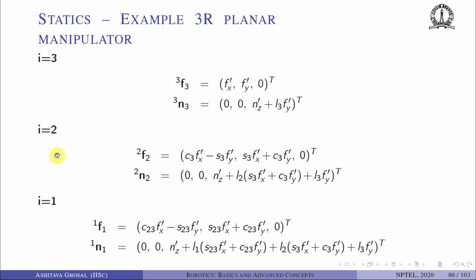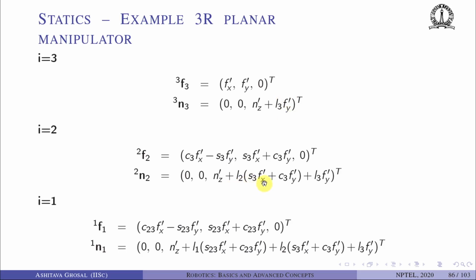Then we substitute i equal to 2 in the recursion formula and we can obtain 2F2, and it turns out to be cosine theta 3 Fx prime minus sine theta 3 Fy prime as the x component, and the y component is s3 Fx prime plus c3 Fy prime, and 0. The moment is nz prime, which was there, then L3 Fy prime, which is there, but then we have an additional component coming from the moment arm L2.